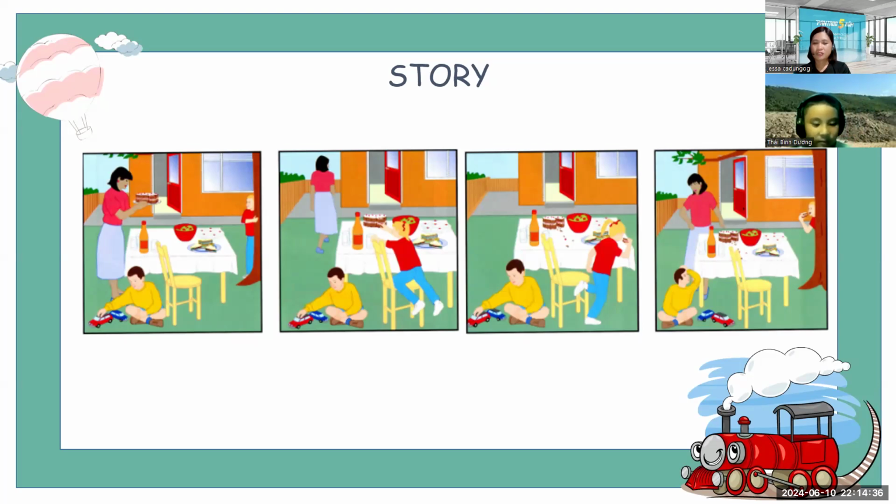So in picture two, as you can see, the girl is eating the cake while mother is going inside the house. Does the mother know that the girl is eating the cake? No. Why do you think she doesn't know about it?